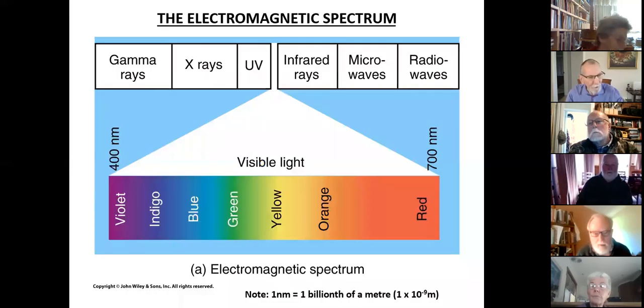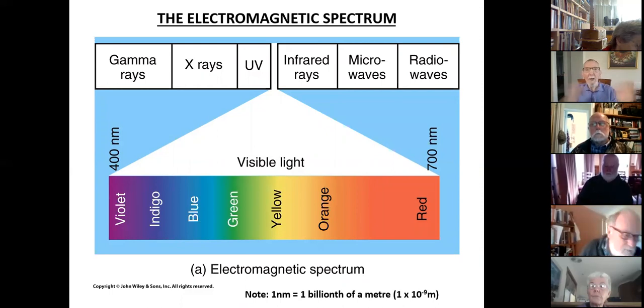Here we go. Good. Okay, now the whole thing about medical imaging is that it uses wavelengths that we can't see. And I put this particular slide in just to show how small in the whole electromagnetic spectrum visible light is, and that's a tiny little bit in the middle.